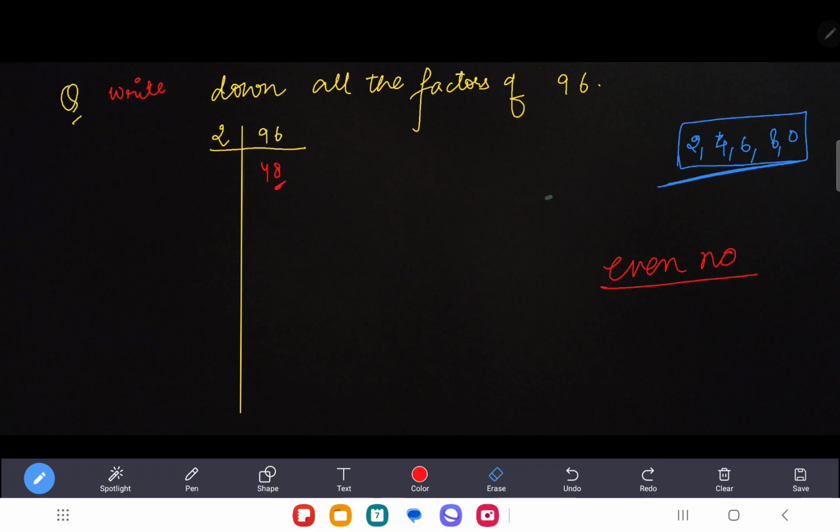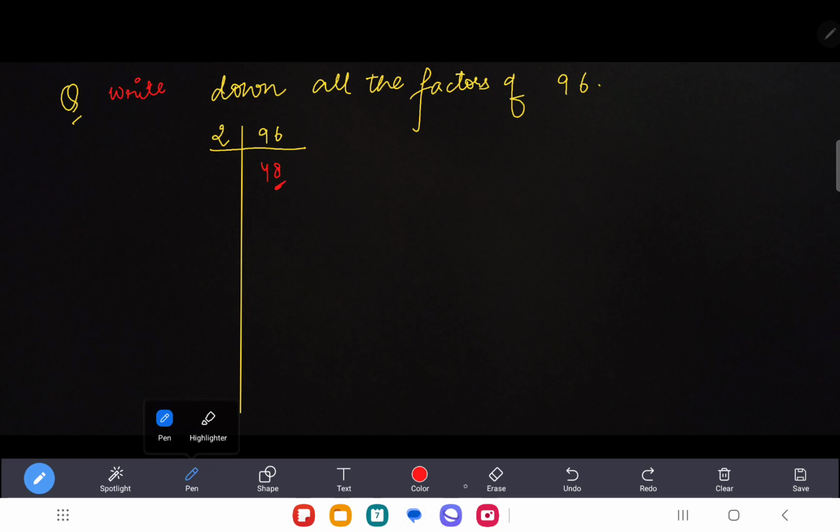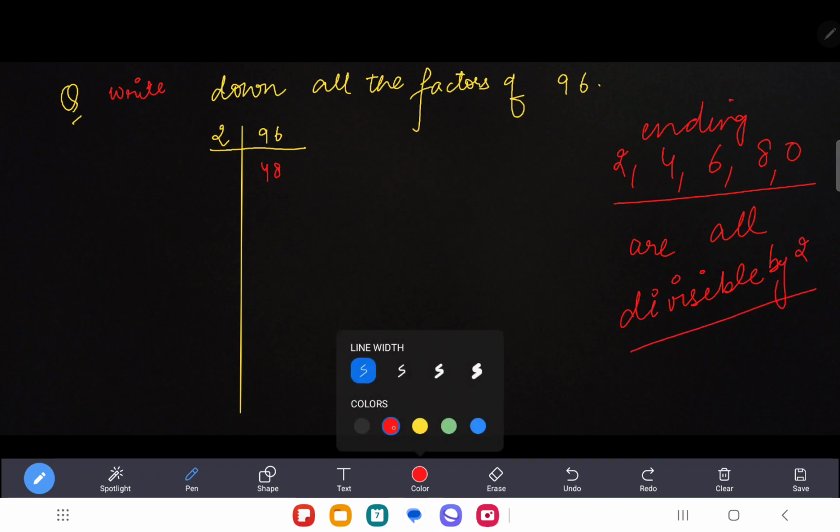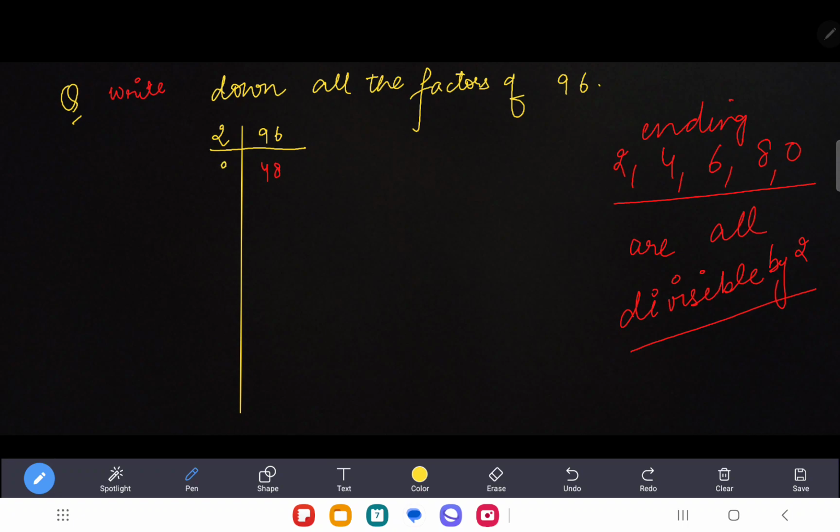So you have to think in your mind that ma'am, 48 is divisible by 2 because it is ending with 8. So any number ending with 2, 4, 6, 8, and 0 is divisible by 2. Understood or not? So the smallest number to divide this would be 2. Then divide. Then tell me.